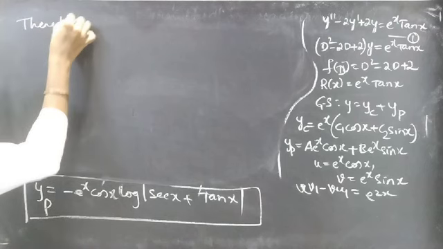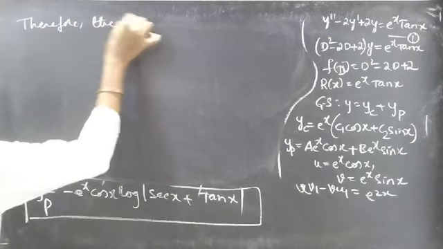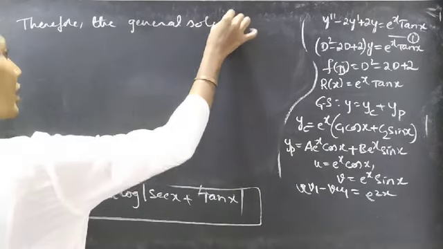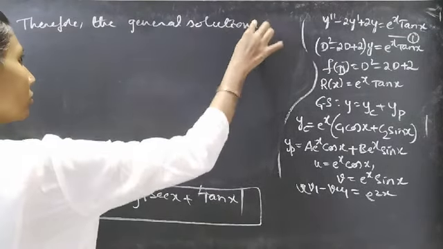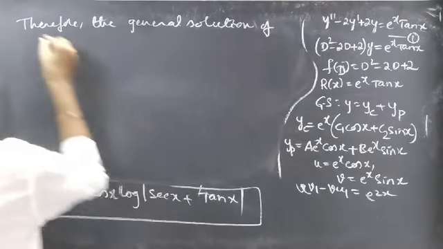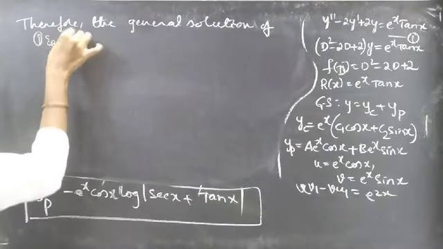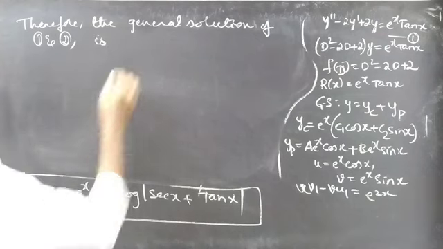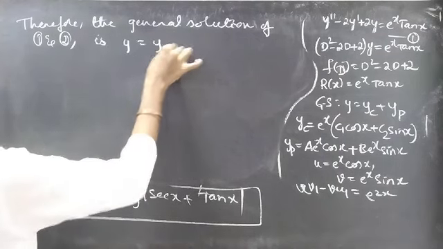Therefore, the general solution of the given equations, 1 or 2, whatever, is given by y equal to yc plus yp.